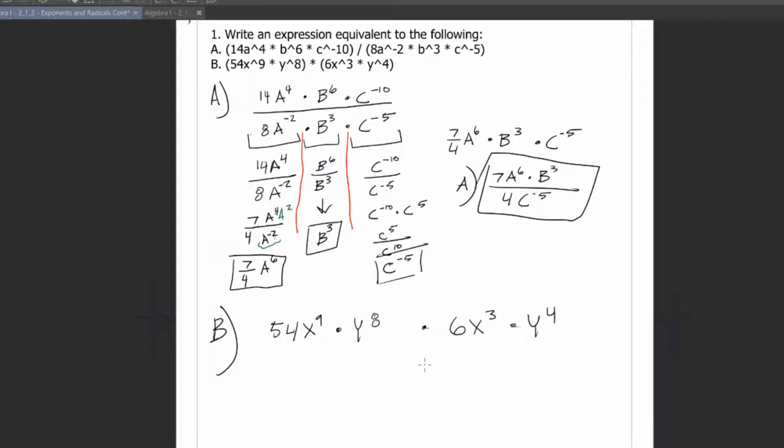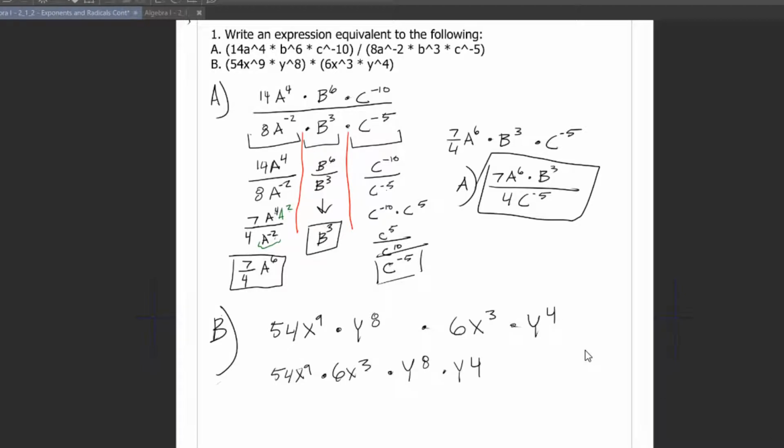Now, again, different variables, so different equations you want to work on, right? Let me actually just rewrite this in a different way. 54x to the ninth.